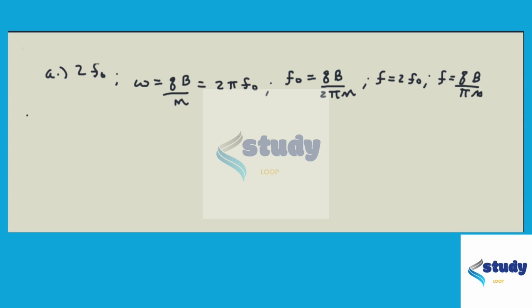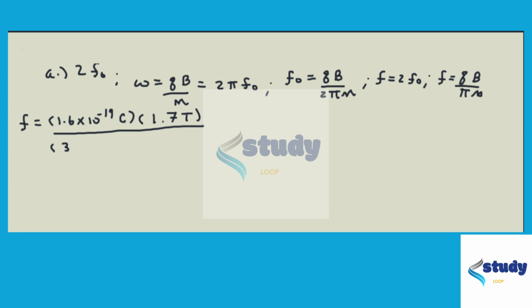Now, we can just plug in our parameters here. We know that Q is fundamental charge, 1.6 times 10 to the minus 19 coulombs, times B is 1.7 Tesla, divided by pi, which we can approximate as 3.14.